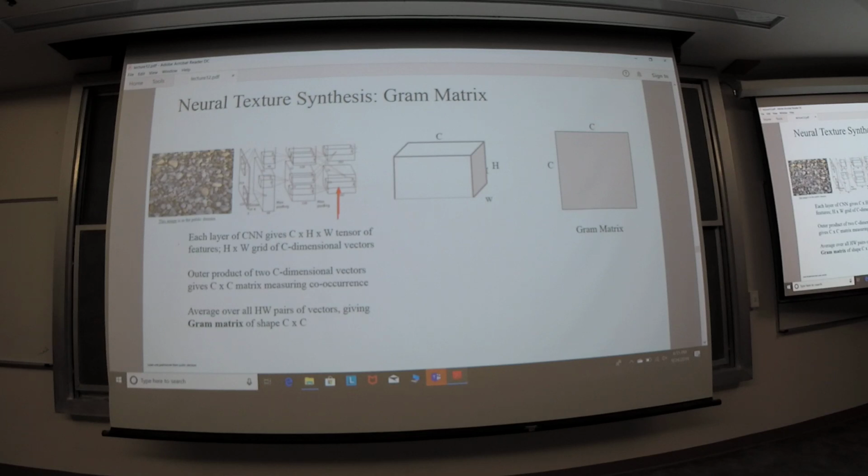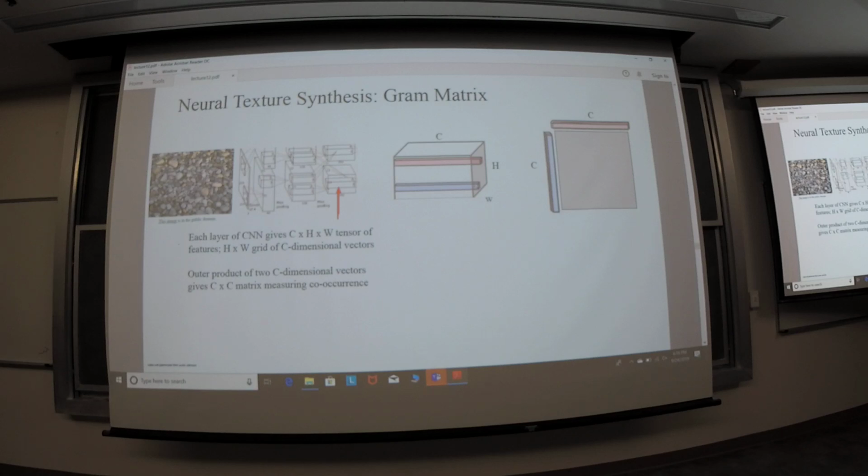Okay, so what you could see over here is that it selects a particular index of H and W, and for that particular H and W, it takes into account all the information across the depth. So you get a vector of size C, and then you consider another location of H and W, and you get another vector, and each of these vectors essentially tells you the presence of the texture that you are trying to reconstruct.